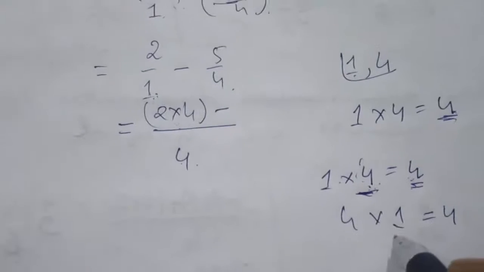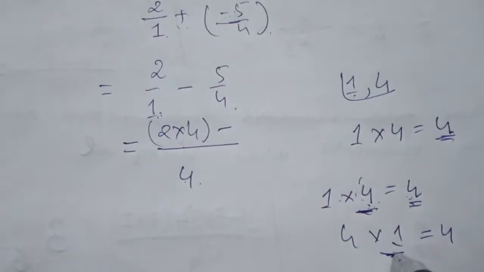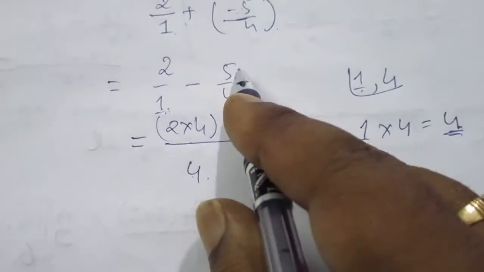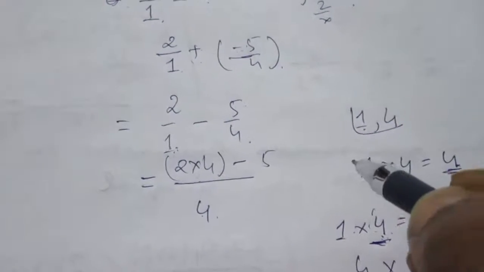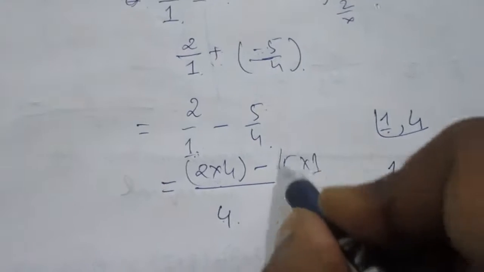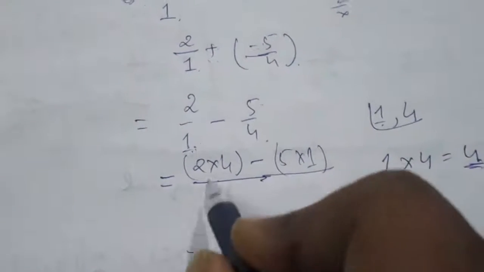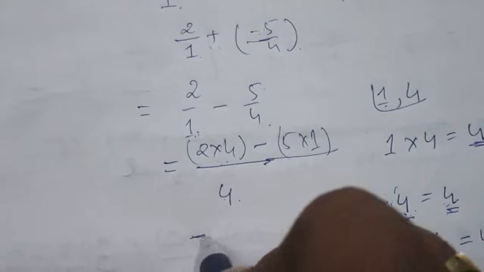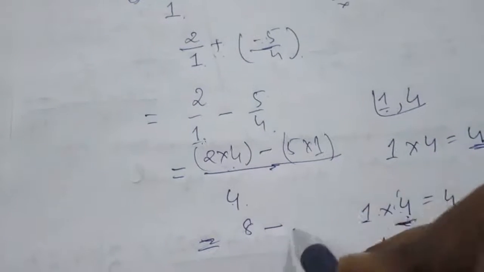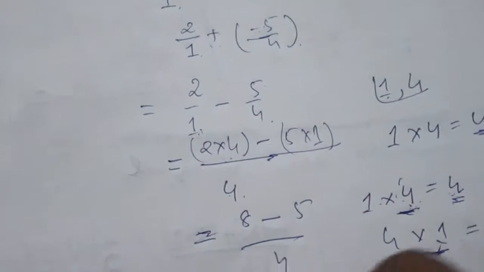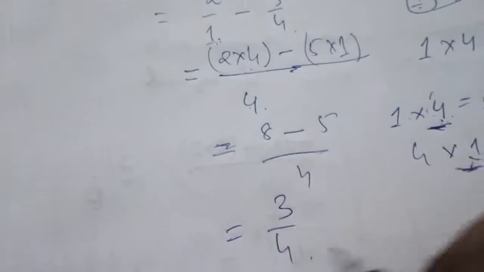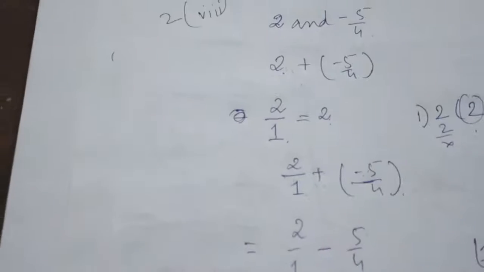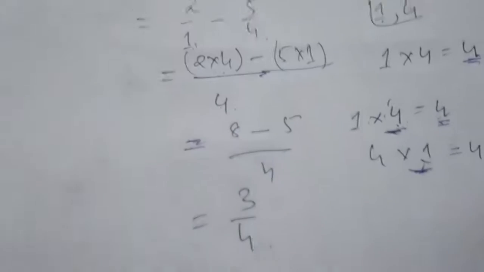Now this one we multiply with the numerator 5, so 5 into 1. So 4 twos are 8, minus 5 ones are 5. So 8 minus 5 is 3, and the answer is 3 by 4. Okay, friends, students, have you understood?